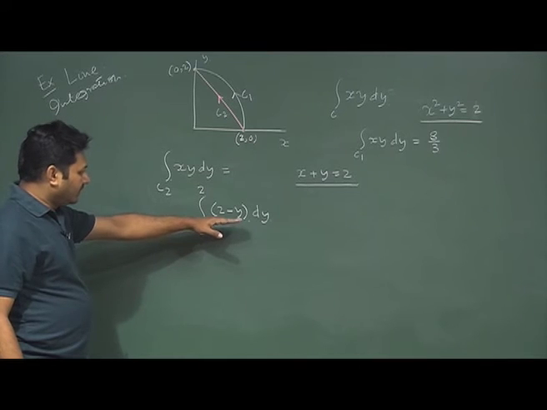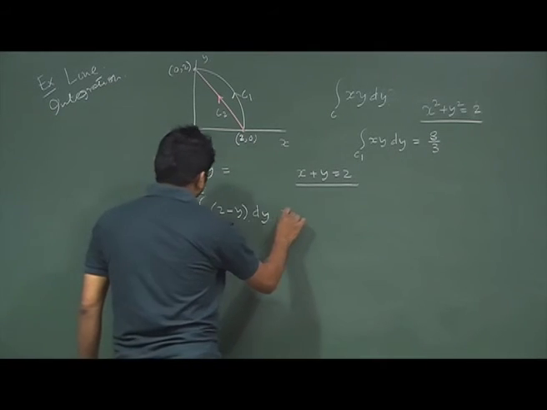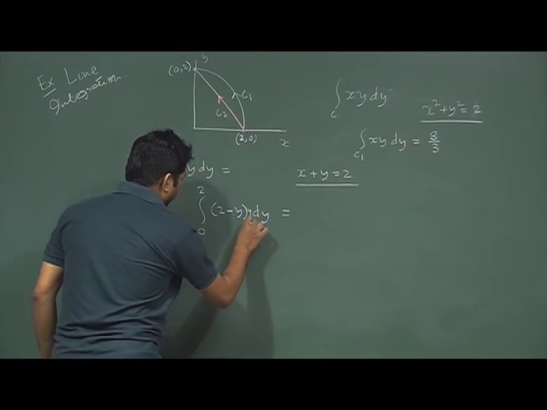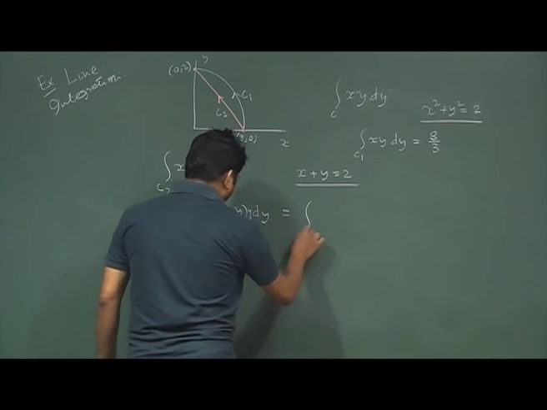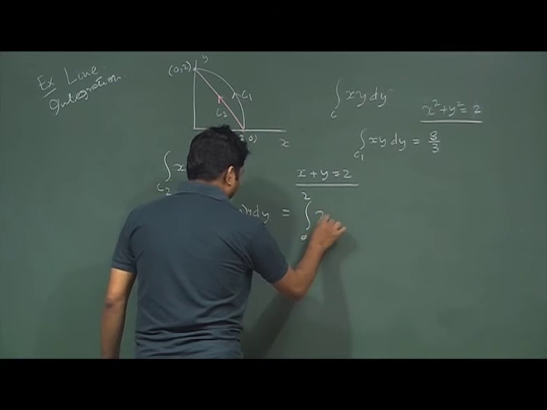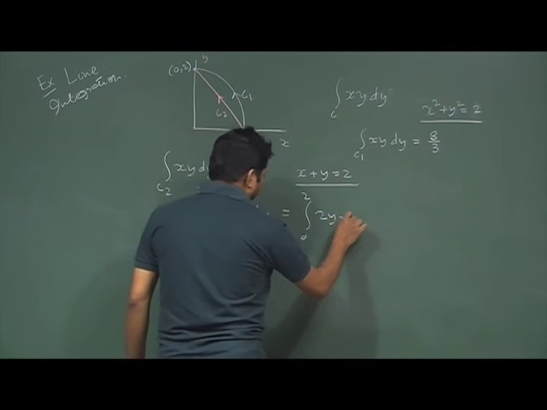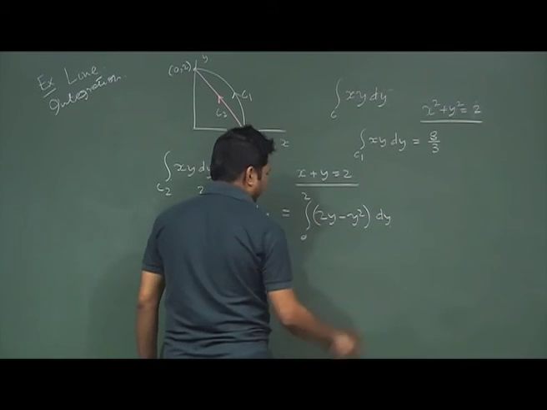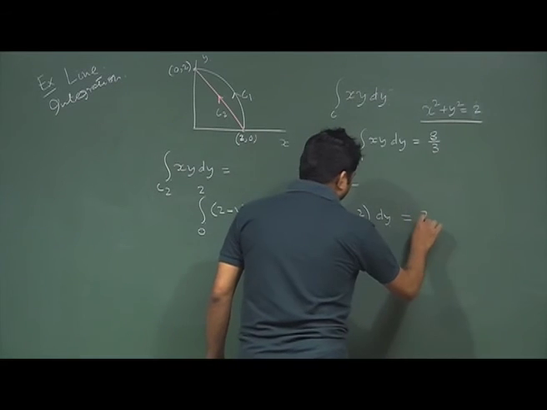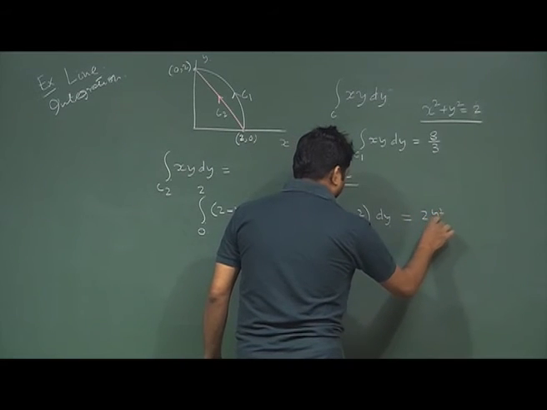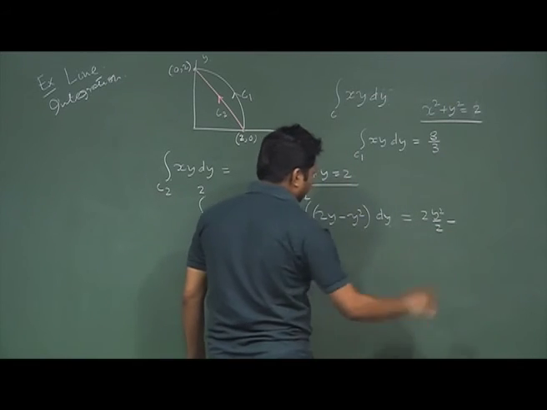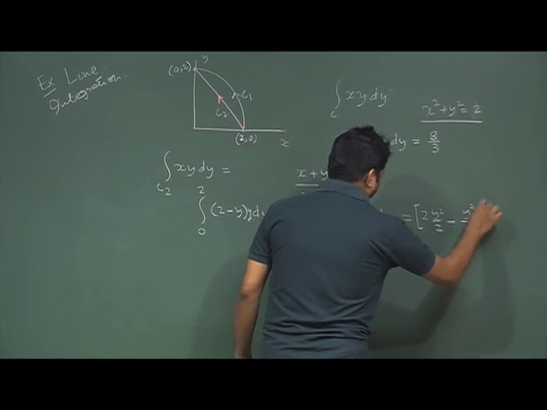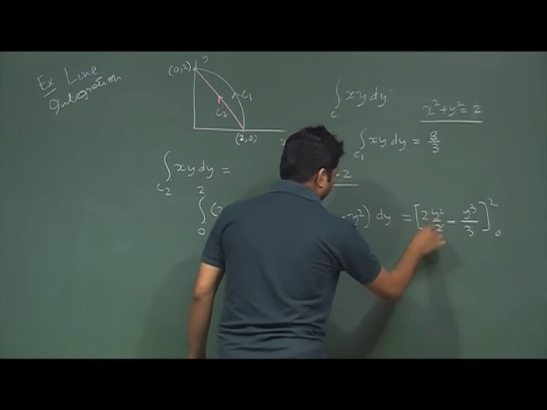So now if I do the calculation, one y multiplication is there, so I need to multiply that also. So it will be the integral from 0 to 2 of 2y minus y square dy, which is 2y square by 2 minus y cube by 3 with the limit 0 to 2. This 2 will cancel out.